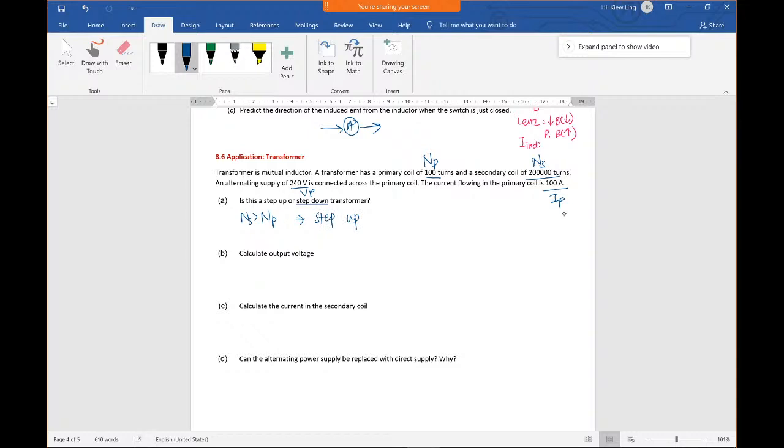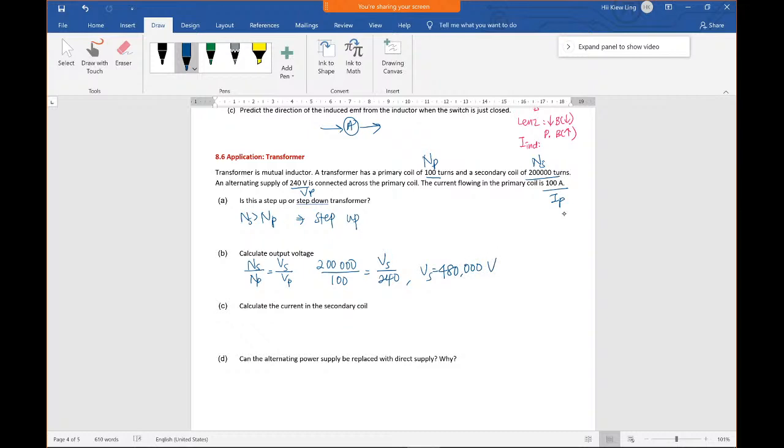Calculate the output voltage. Okay, so write down the ratio. 200,000 over 100 equals to Vs, which is what you have to calculate. So you get 480,000 volts.